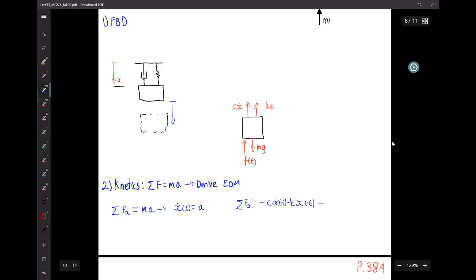Negative forcing term. Sorry about that. Negative forcing term. Positive weight, it's equal to 0.